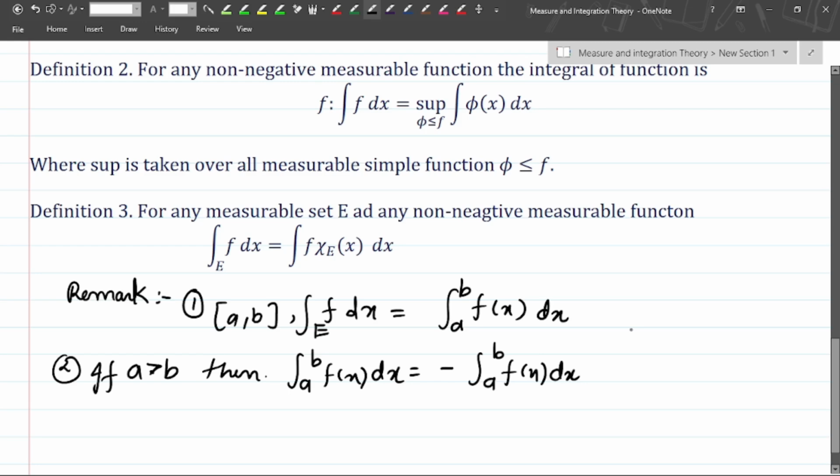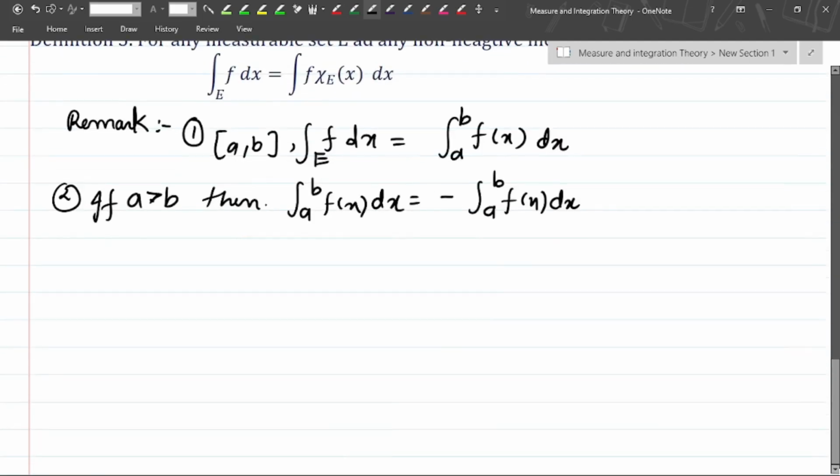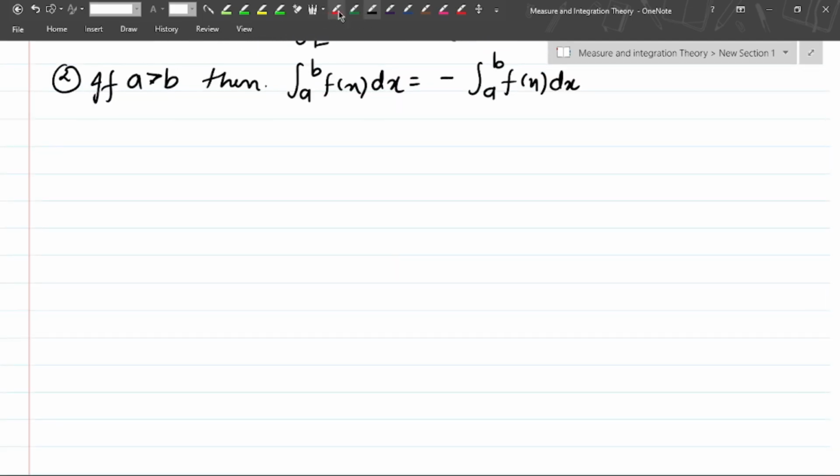Next, the theorem. What is the statement of the theorem?